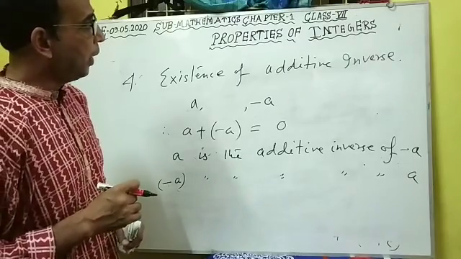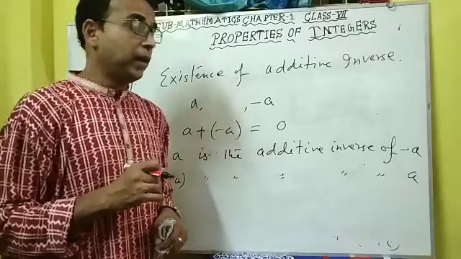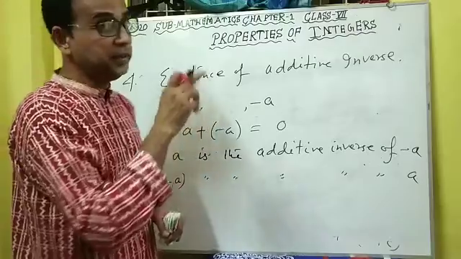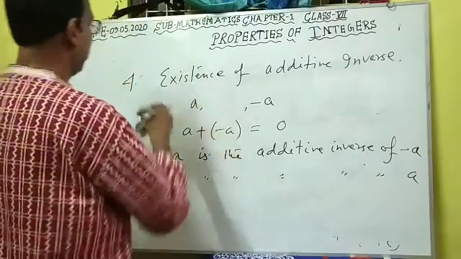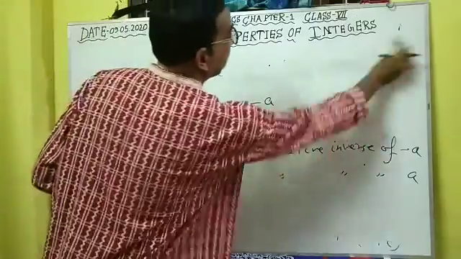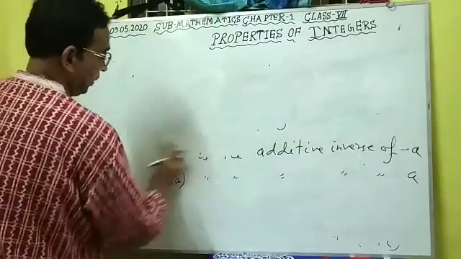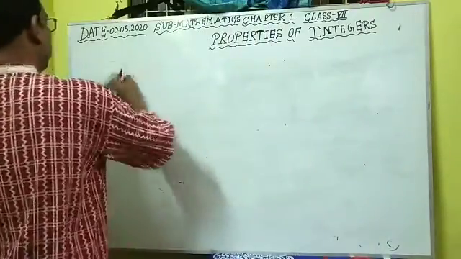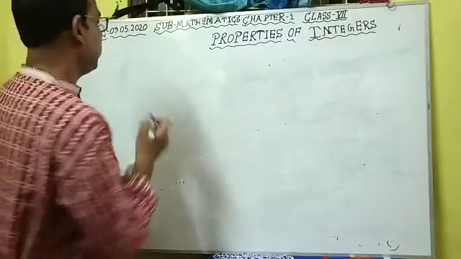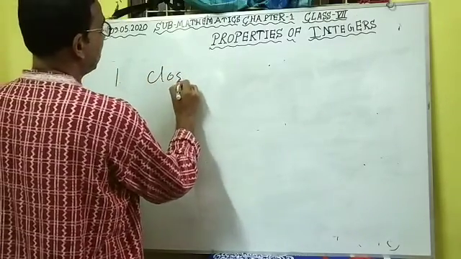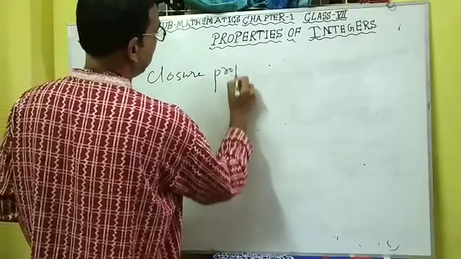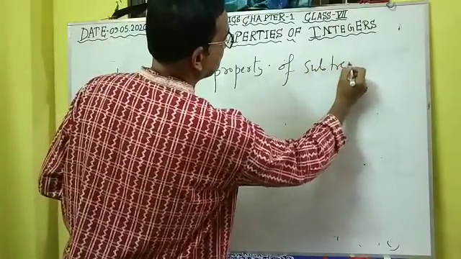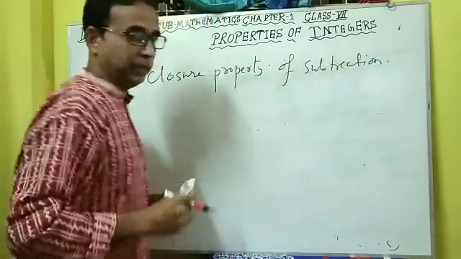Now I shall discuss the properties of subtraction of integers. The properties of subtraction of integers are, first one is closure property of subtraction of integers.